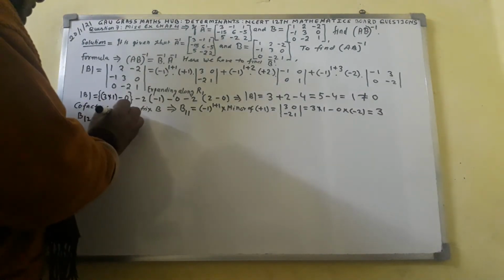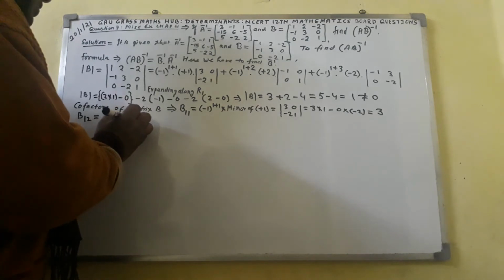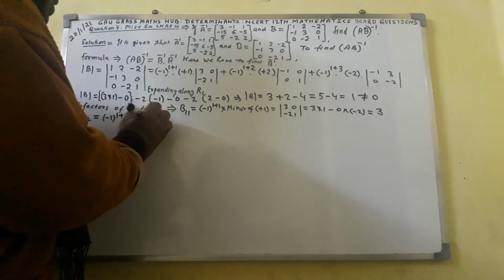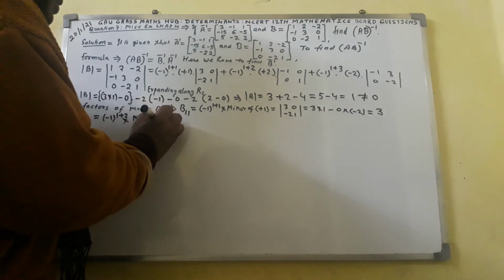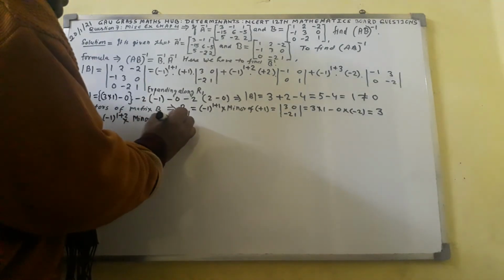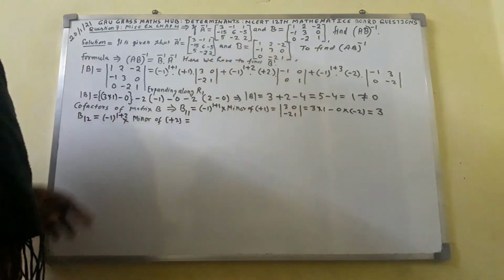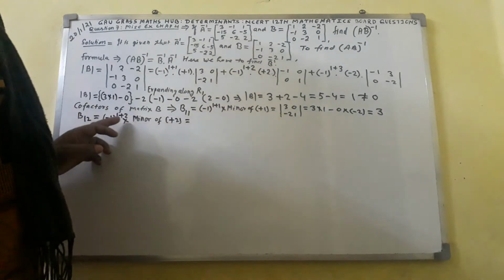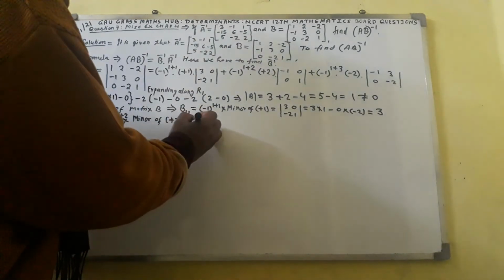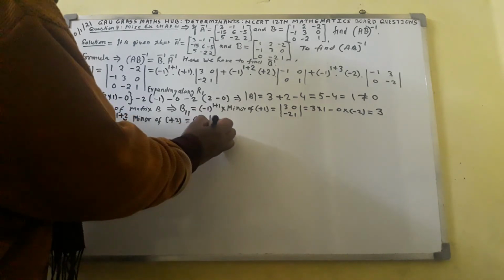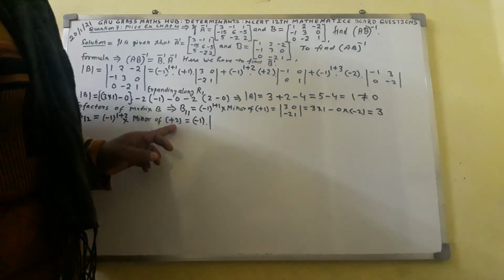(-1) raised to power 1 plus 2 into minor of element plus 2 equal to. Here (-1) raised to power 3 will become, comes out here -1. Here the minor matrix of plus 2.